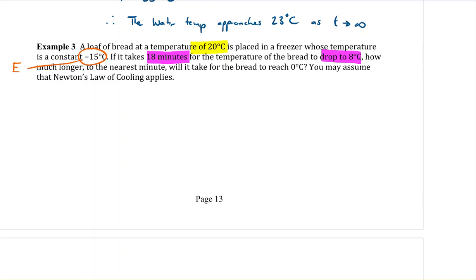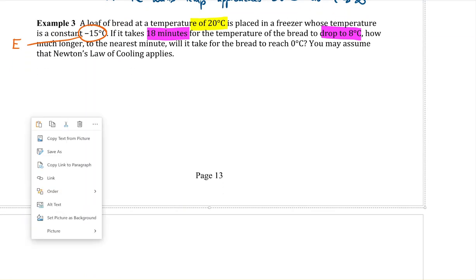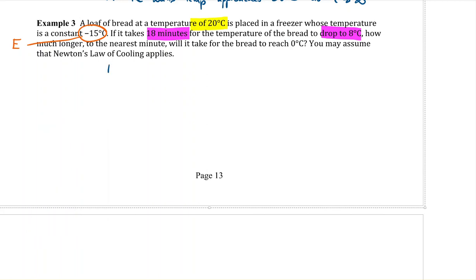We have to make the equation from the things we've been given. I've got all my different colour code in there. First of all, my starting equation for Newton's law of cooling is temperature equals environment plus A e to the kt, or minus kt, for cooling, yes.